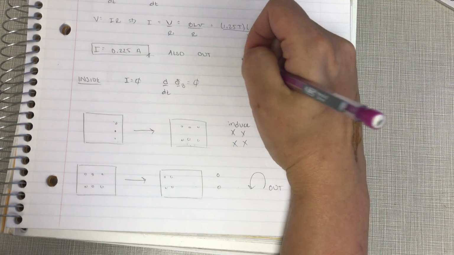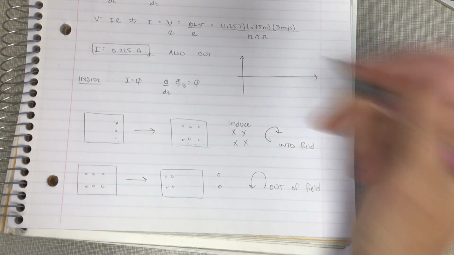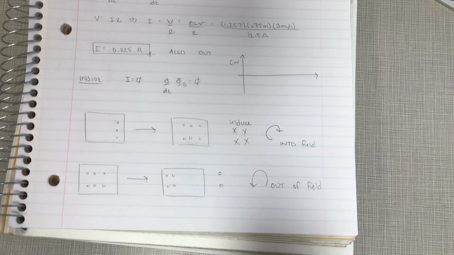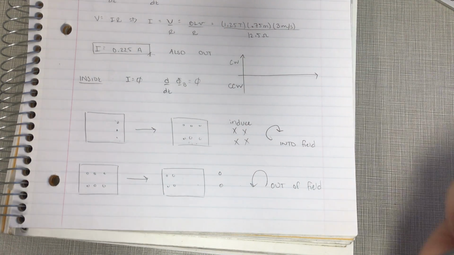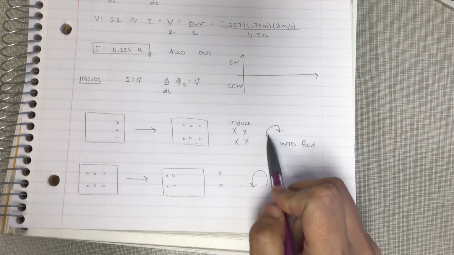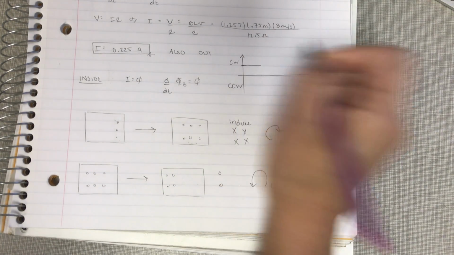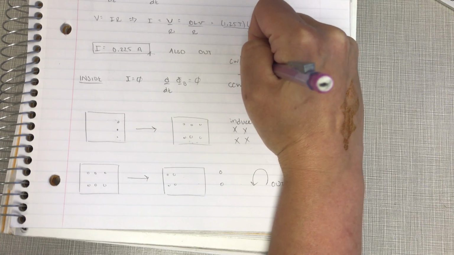So if I plot this, let's say positive is clockwise and negative is counterclockwise. So as I'm moving into the field, my current is nice and constant at 0.225 amps.